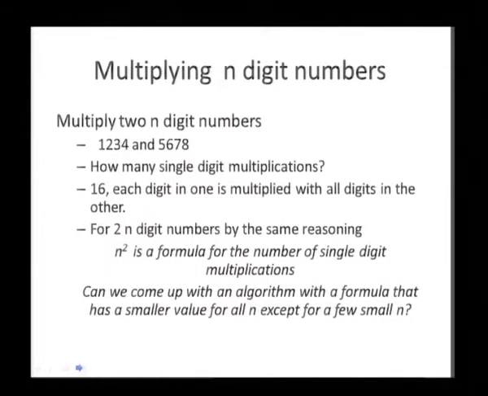Let us look at this example, which is multiplying the numbers 1, 2, 3, 4 and 5, 6, 7, 8.